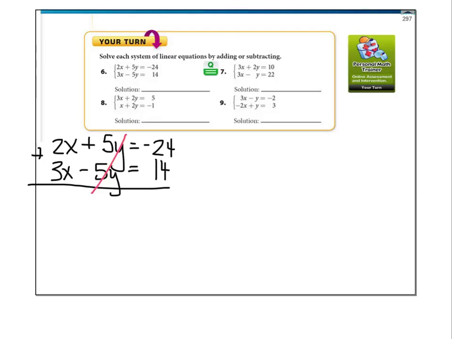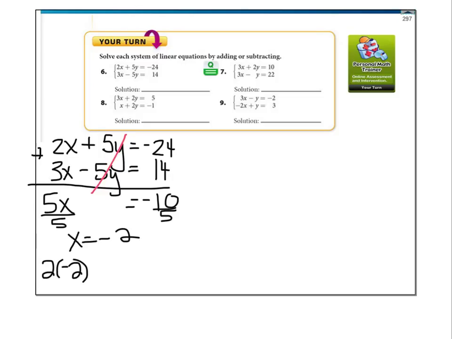We now add the rest of the pieces together, so 2x plus 3x is 5x, negative 24 plus 14 is negative 10, divide by 5, x equals negative 2. Once we find x, we now have to go back and find y. So you can plug it into either equation. I'm going to go with the top one. So 2 times negative 2 plus 5y equals negative 24.